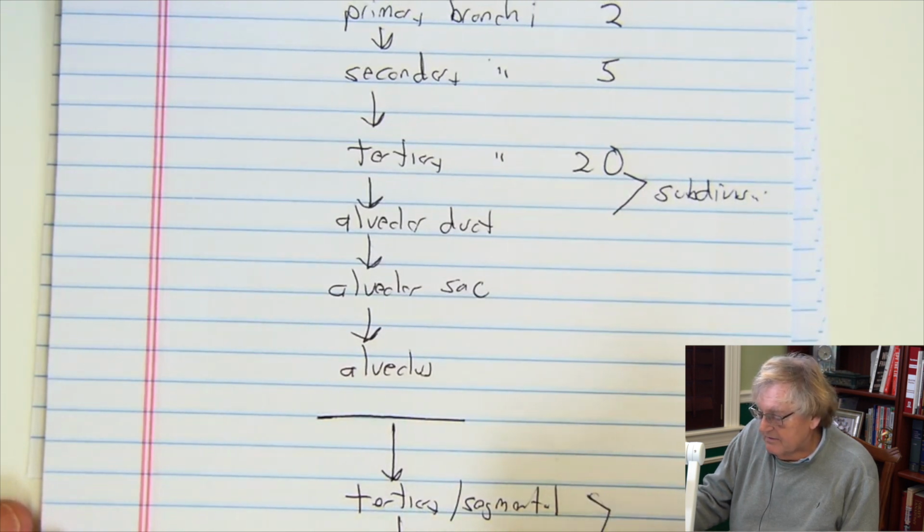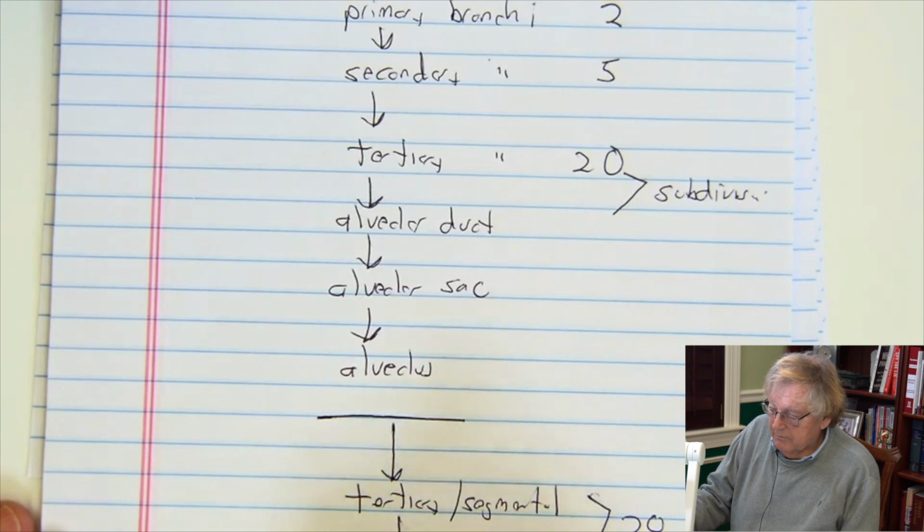Between here and here, there's somewhere around 20 more subdivisions. Terminal bronchiole goes to a respiratory bronchiole. And then, of course, the respiratory bronchiole eventually goes into an alveolar duct, alveolar sac, and then alveolus.